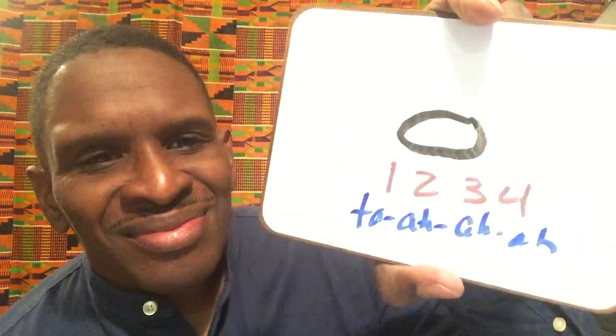And then you will write out 4 beats. 1, 2, 3, 4. And then you can write out your tas. Ta. And don't forget at the top to write whole note.